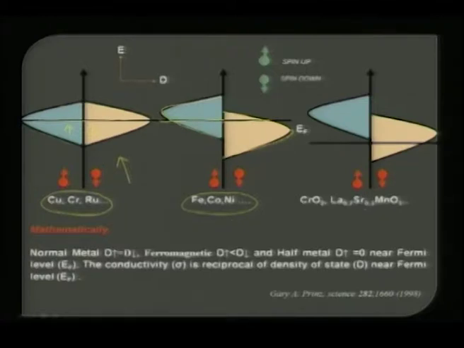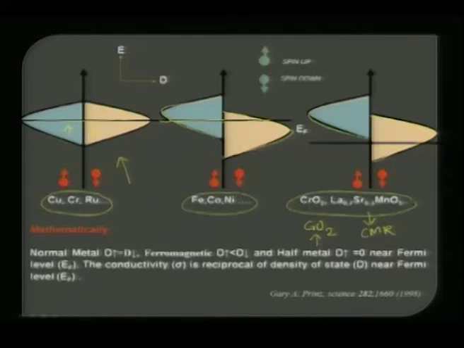Now, if you look at these compounds, chromium dioxide, which is actually used in videotape, and the colossal magnetoresistive CMR oxides, one of the interesting features is that one of the spin bands here is well above the Fermi level, and what matters finally is the spin down band, which is cutting across the Fermi level.